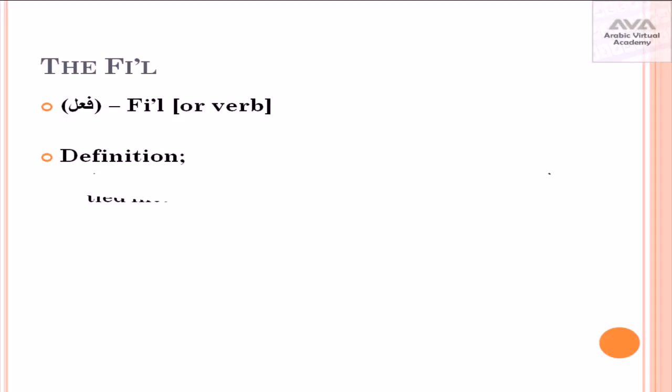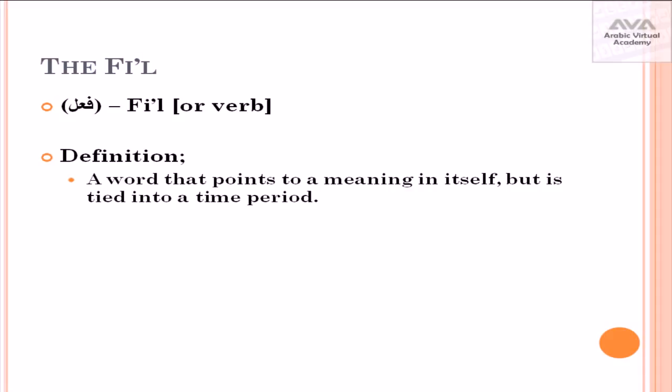And then we have fi'lun, or the verb. And this is كلمة دالت على معنى في نفسها واقترنت بأحد أزمنة الثلاثة التي هي الماضي والحال والمستقبل. This fi'l, or this verb, is a word that points to a meaning in itself.